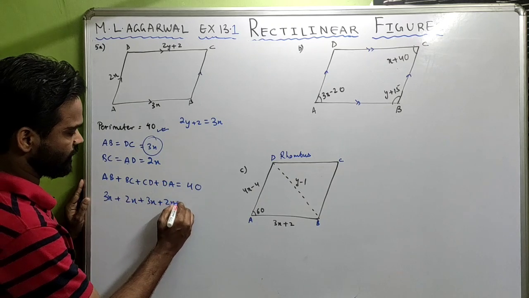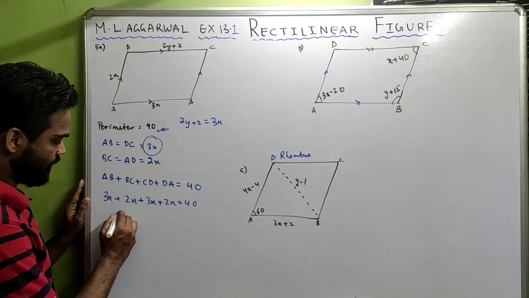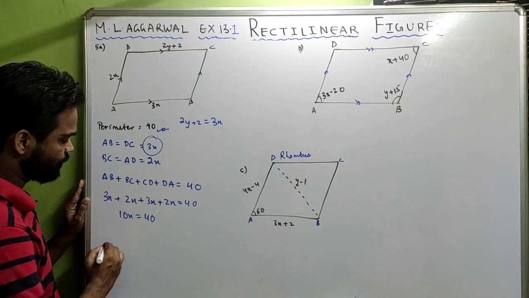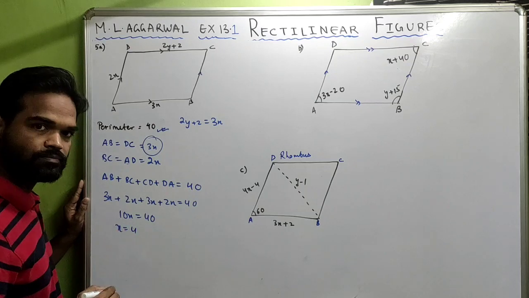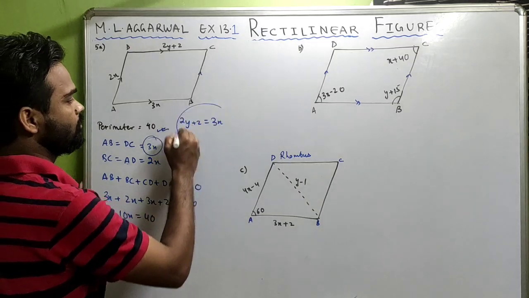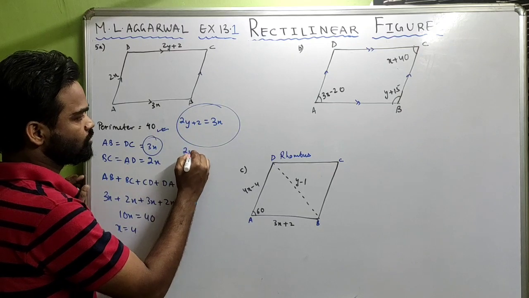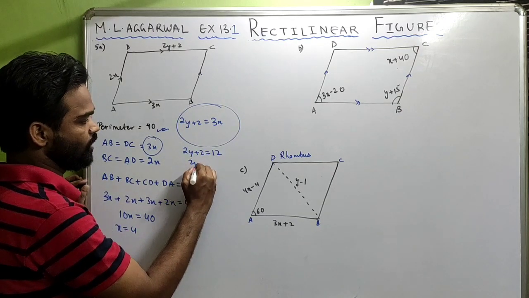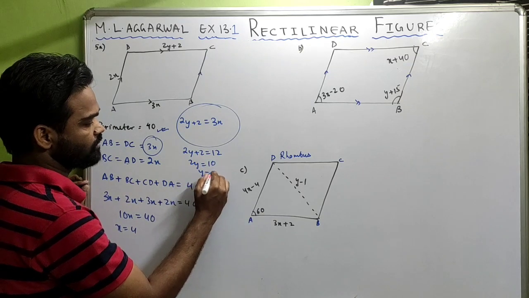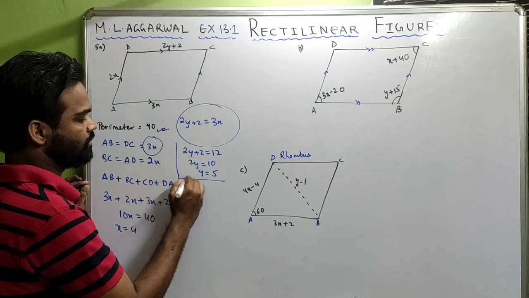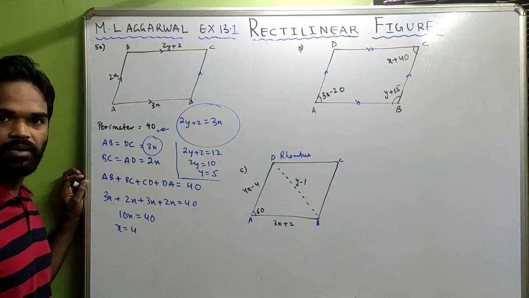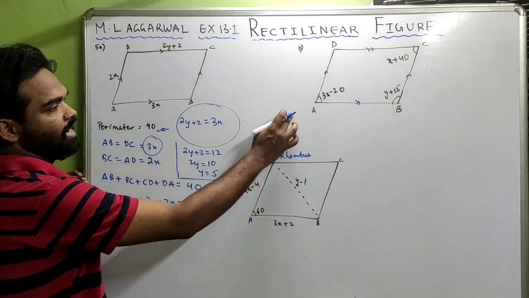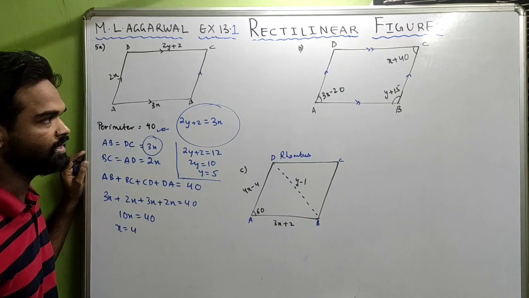DA is 2x, that's 40, that's 10x equals 40, which means x equals 4. Done. Now we know this relation, put over here. So 2y plus 2 is equal to 12, which means 2y equals 10, which means y equals 5. Done. Am I clear?